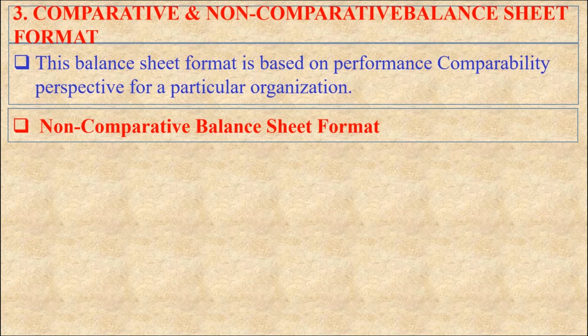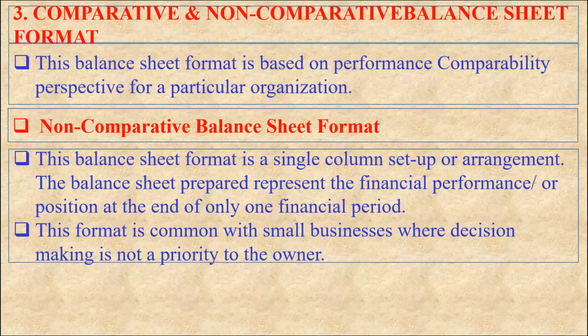Now, in this case, as the name suggests, the balance sheet format is a single column setup or arrangement, whereby the balance sheet being prepared represents the financial performance or the financial position at the end of only one financial period.